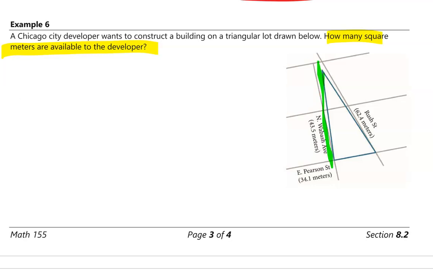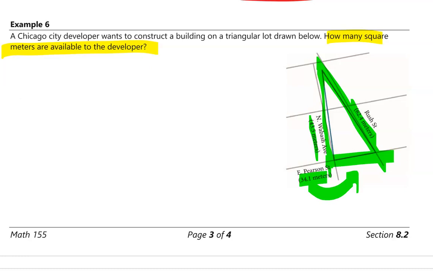This side here is 43.5, this side here is 62.4, and this side here is 34.1 meters. And again, take a look at the question, how many square meters? So meaning we want to find the area.